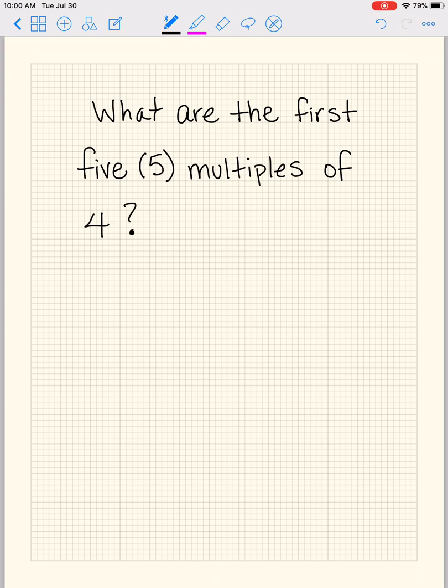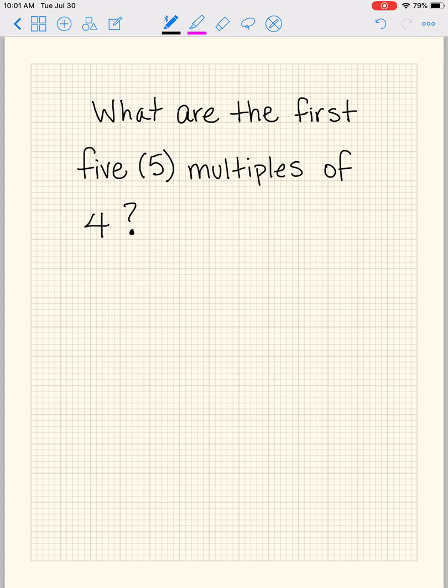Okay, so what are the first 5 multiples of 4? You're going to have to pull out some information from this question. It's going to give you some key words that is telling you what to do here.